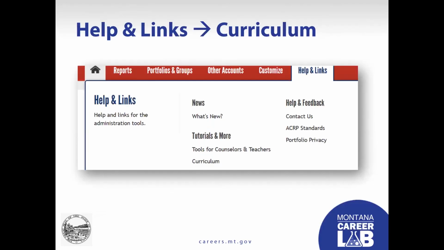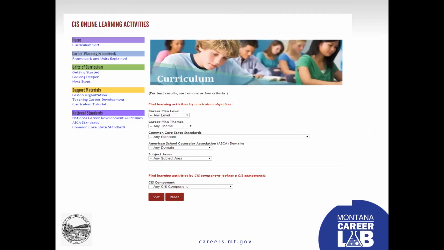All right. So then we're going to go back to helps and links, and there's actually lots of built-in curriculum in MCIS. It's going to blow your mind. Okay. So click on curriculum, and it's going to bring you to this. There's lots of different ways of sorting the curriculum. My favorite way is by the subject area.